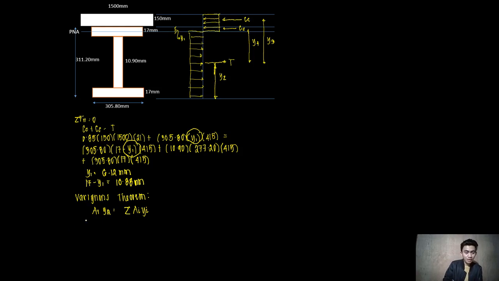So our total area, if I start at the bottom, is 17 times 305.80, plus 10.90 times 277.20, plus the other one, 305.80 multiplied by the remaining 10.88, wherein this quantity is to be multiplied by y sub 2.